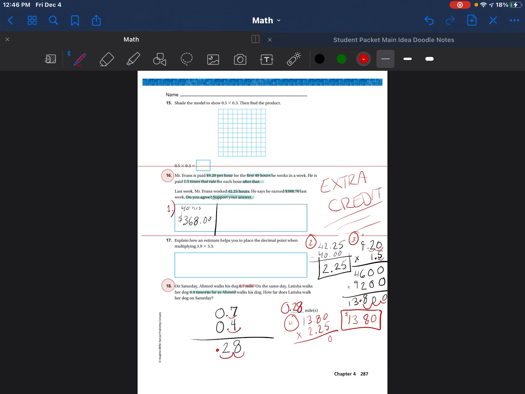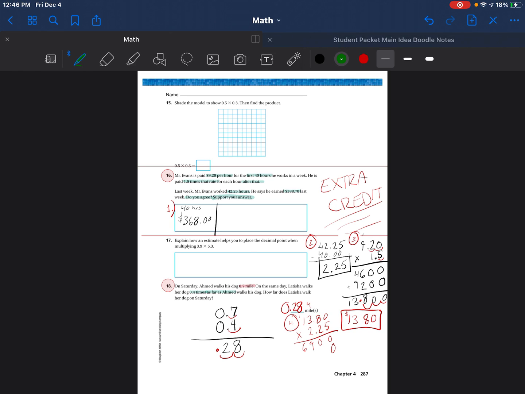All right, so 5 times 0 is 0. 5 times 8 is 40. 5 times 3 is 15, plus 4 is 19. 5 times 1 is 5, plus 1 is 6. Placeholder.